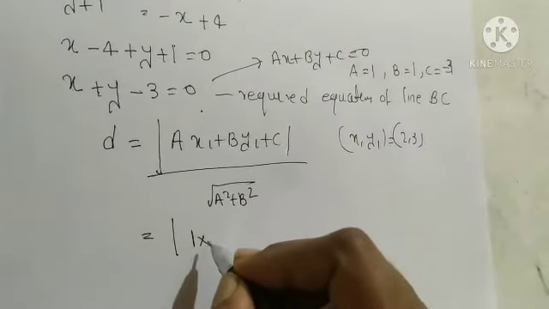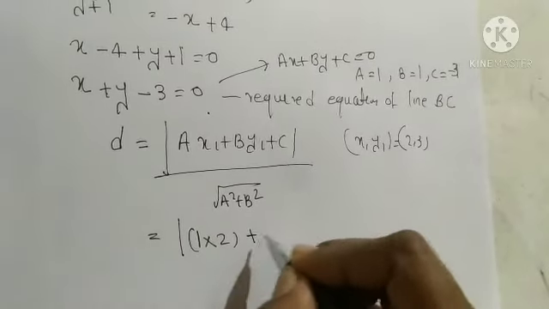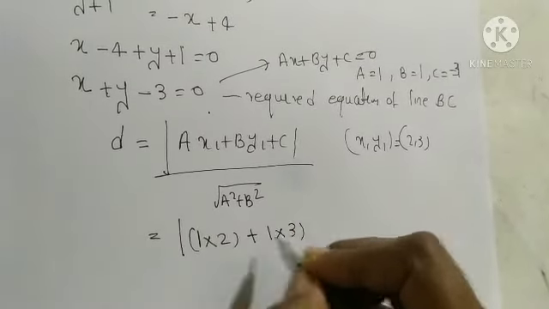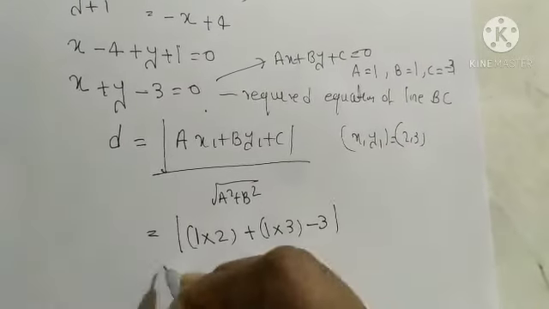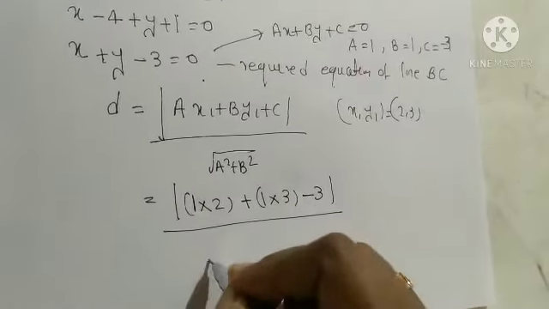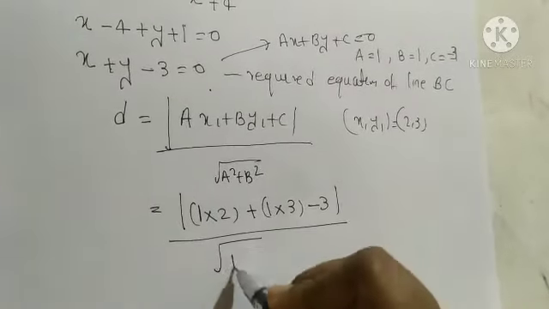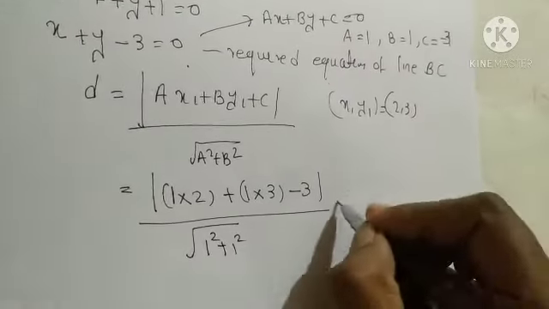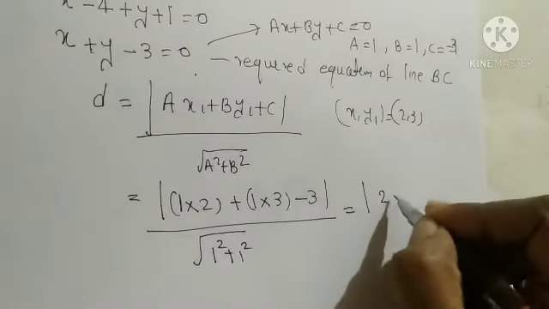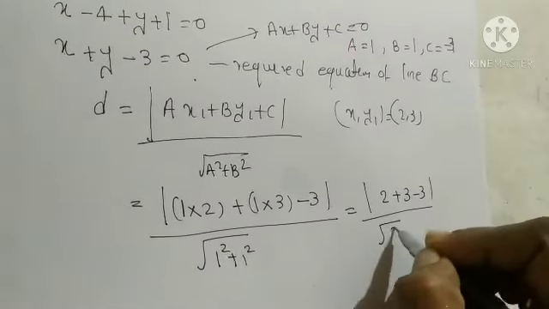Here we get 1 into x1 is 2, plus b value is 1, y1 is 3, c value is minus 3, whole divided by root of a value 1 square plus b square 1 square, which equals mod of 2 plus 3 minus 3 divided by root 2.